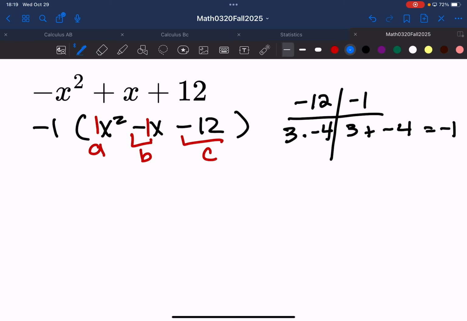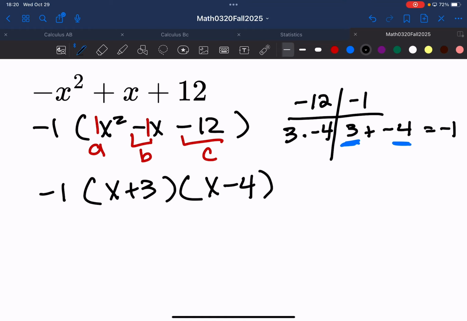So 3 and -4. So I bring down my GCF and I do my 2 parentheses. What's going to be in my first parenthesis? X plus 3. And then in my next parenthesis, x minus 4. And that whole thing is my answer.